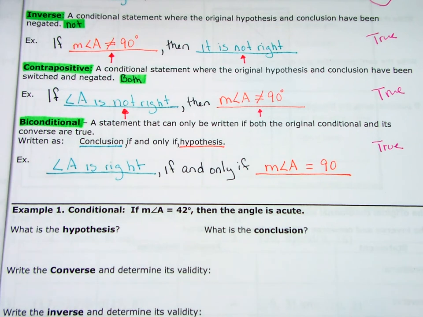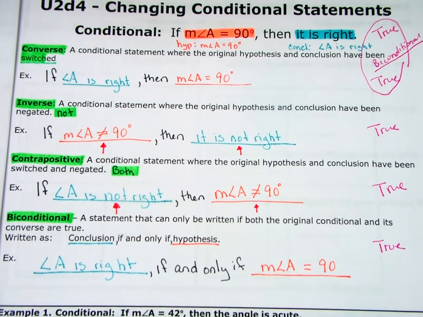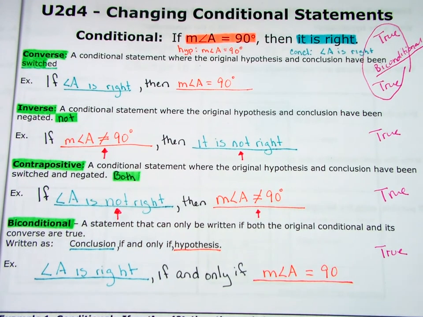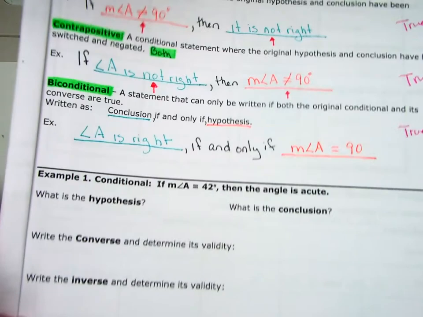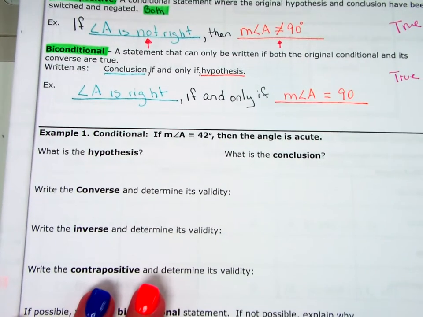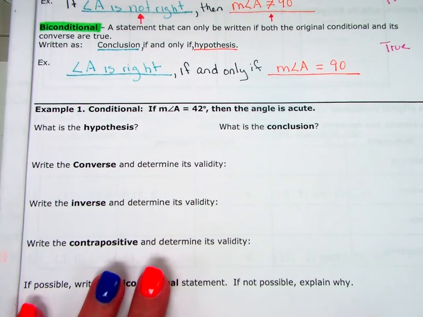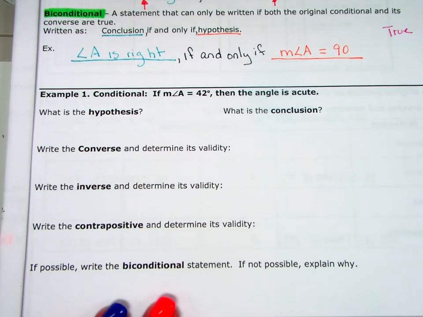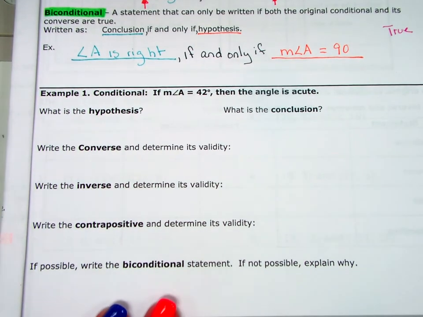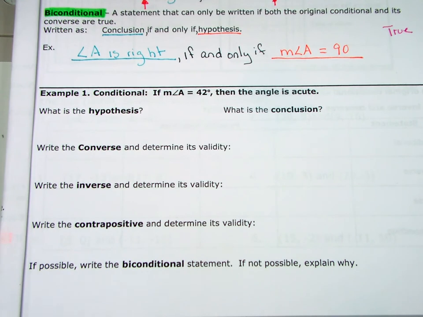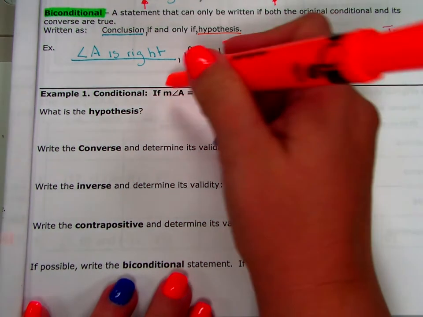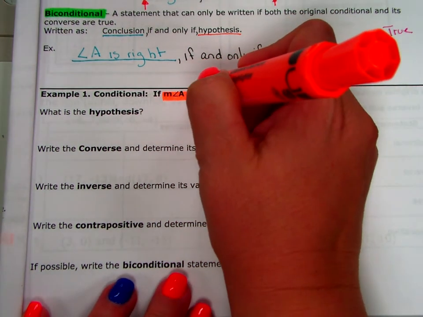Okay? All right, any questions on these new vocabulary words? Because we're going to practice doing this. Okay? Good? Look at my next example. Conditional: if the measure of angle A equals 42 degrees, then the angle is acute. What's my hypothesis? The measure of angle A is 42 degrees.